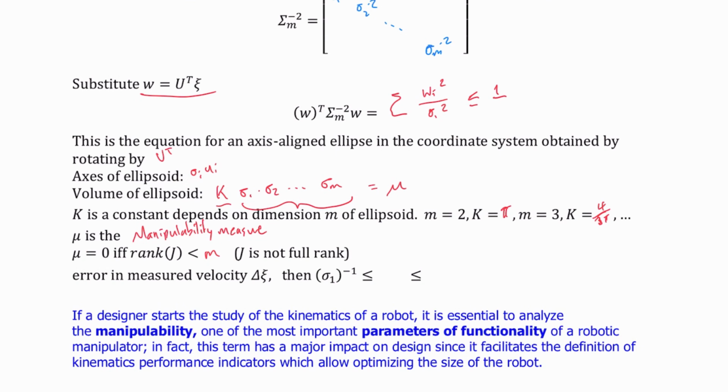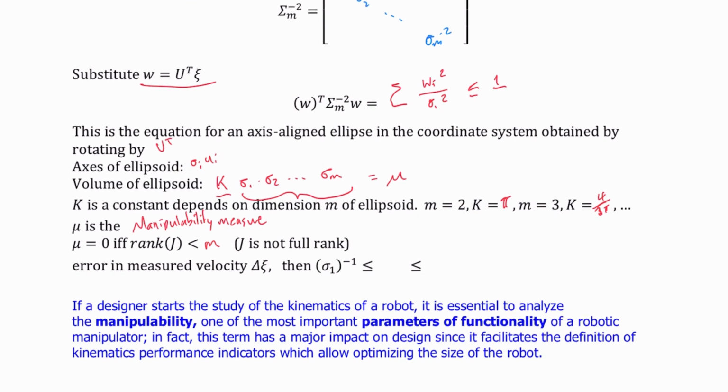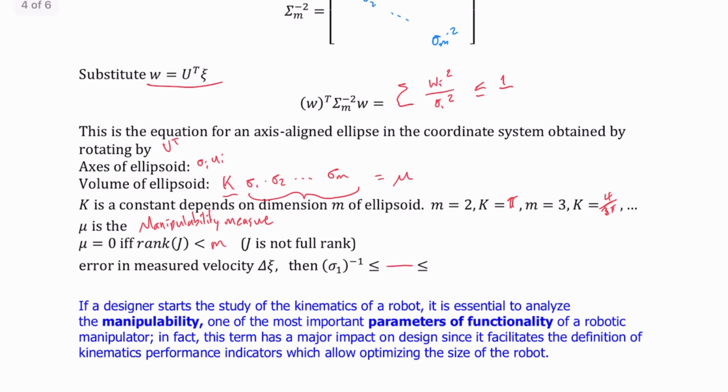The other useful thing that you can do with this is if you've got an error in the measured velocity delta epsilon, I can make a ratio where I've got my maximum error in epsilon, and I can divide by my maximum error in my q dot. And this value is always going to be between my minimum and my maximum singular values. So it's going to be between sigma 1 inverse and sigma m inverse.